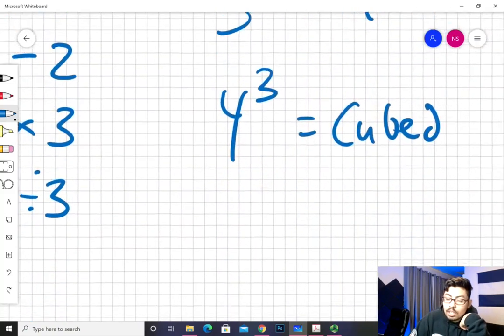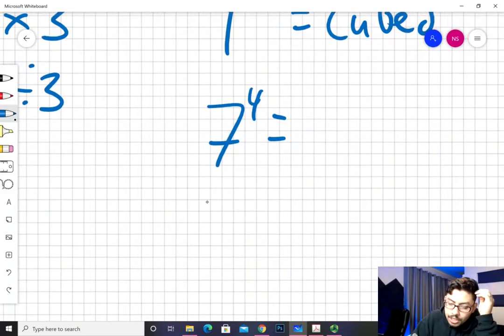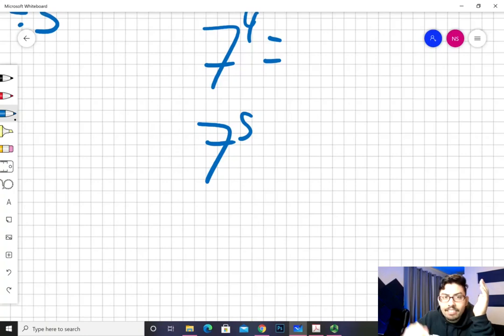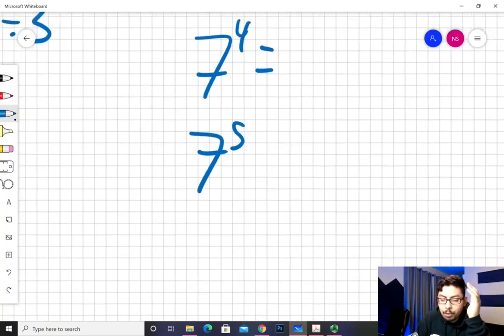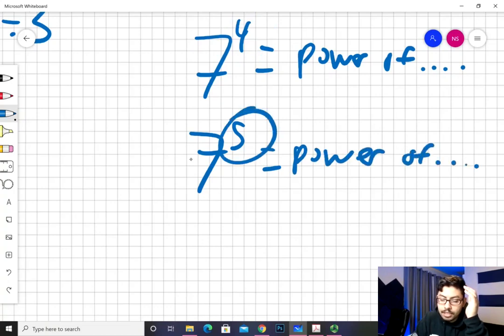All right. What is any number to the power of 4? Any guesses? It's just to the power of 4. From this point forward, anytime you switch this to power of 4, 5, 6, 7, 8, 9, 10, it doesn't matter. From that point forward, it's all just going to be to the power of, and then whatever that number is. 7 to the power of, in this case, 5, right?